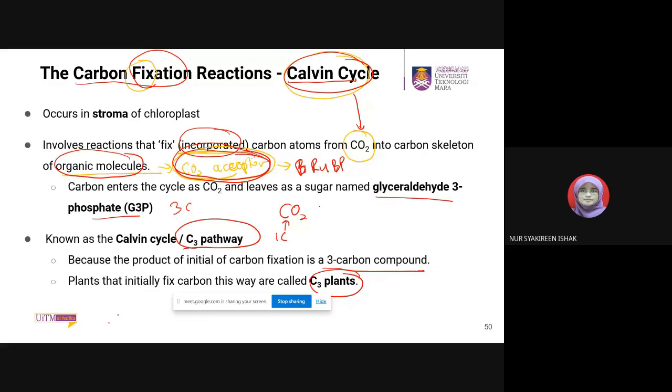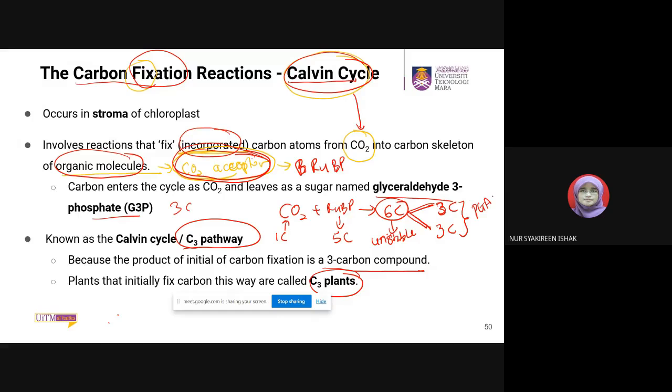Bila digabung dengan RuBP, which is a 5-carbon compound, dia punya produk akan hasilkan a molecule which is a 6-carbon compound that is really unstable. So this carbon compound akan split into 2 molecules of 3-carbon compound yang dikenali sebagai PGA.